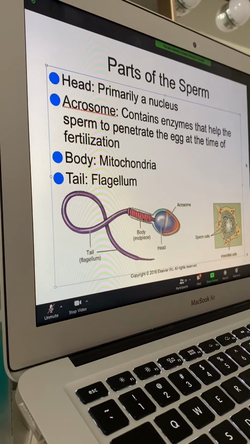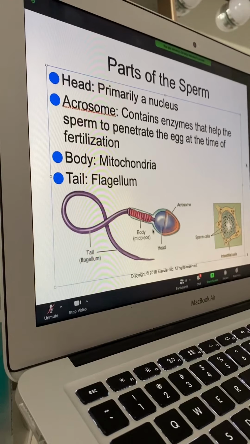And of course, the mitochondria in the body is the part of the sperm that gives it energy to swim. And of course, they have the flagella for swimming.